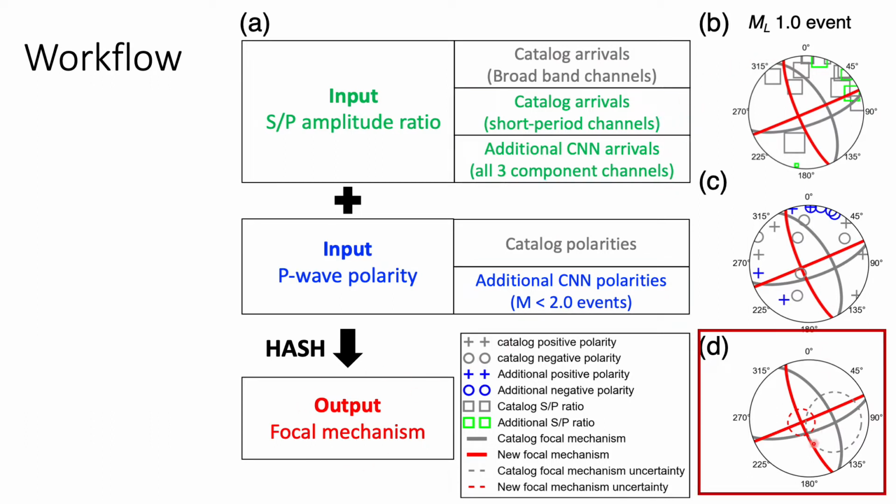The right side shows an example. By using more input data, we can obtain a better focal mechanism that fits more observations with smaller focal mechanism uncertainties. Here the dashed line circles denote the nodal plane uncertainties.